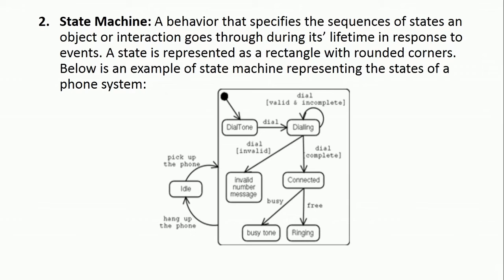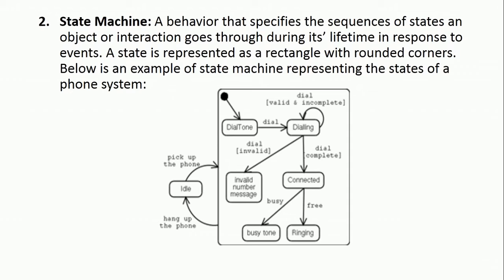So if dialing is invalid, what will it show? It will show an invalid number message. But if dialing is complete and it is correct, the call will be connected. So this will go from the dialing state to the connected state.